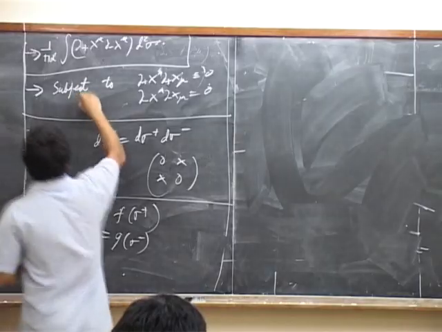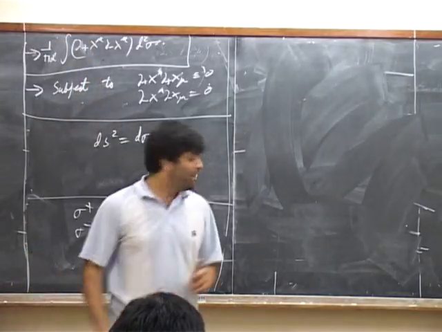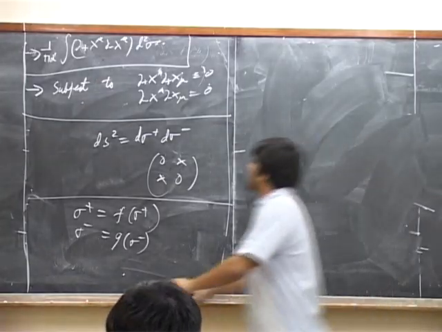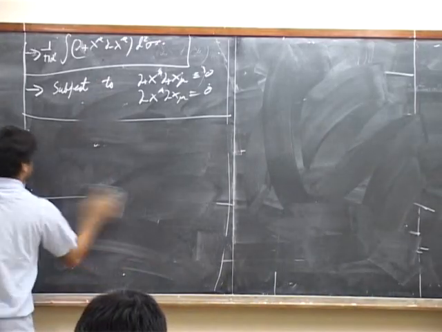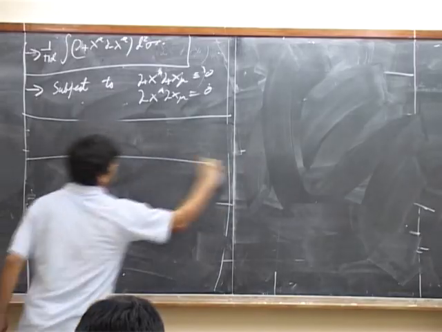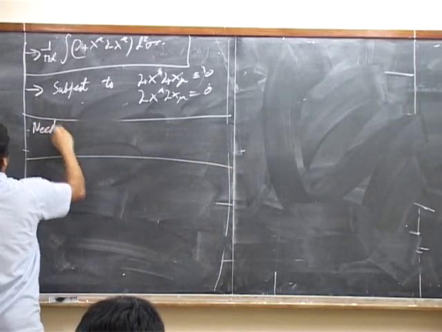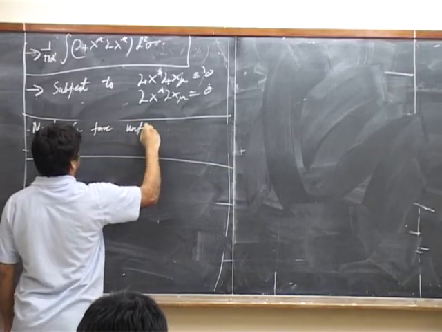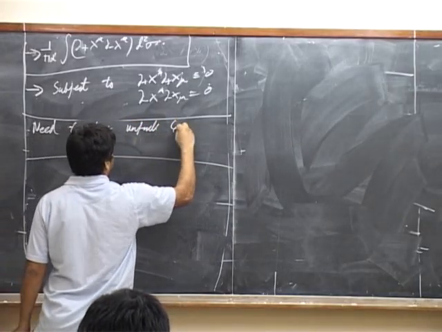So before we just embark on a mathematical program of quantization, we have to deal with the fact that we have not yet fixed all our gauge symmetry. So let's put that as point 3. Need to fix unfixed gauge symmetry.